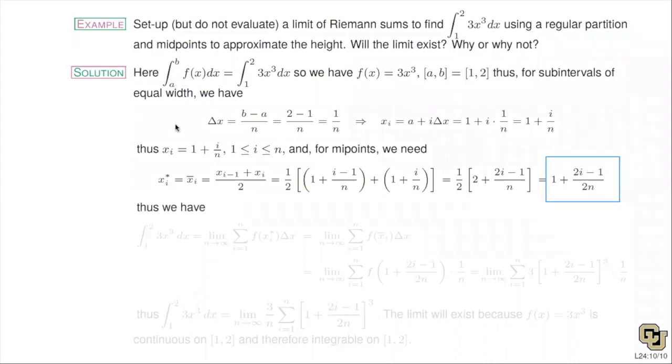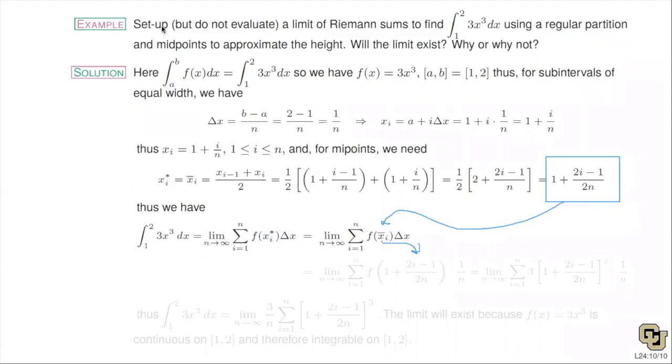So here's my limit definition of the integral. We said that the sample point that we're using should be the midpoint. So I replaced the x sub i star with the notation for the midpoint, just to practice the notation. But I know this midpoint we calculated has this formula.